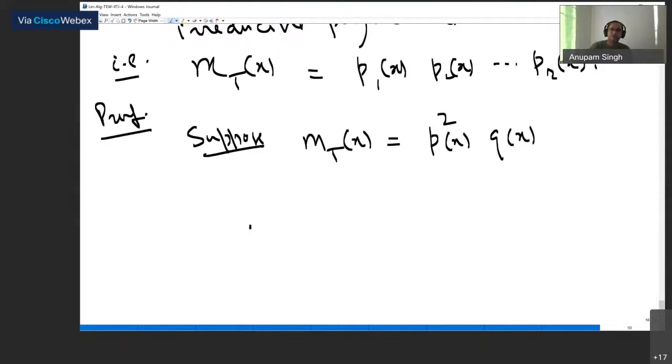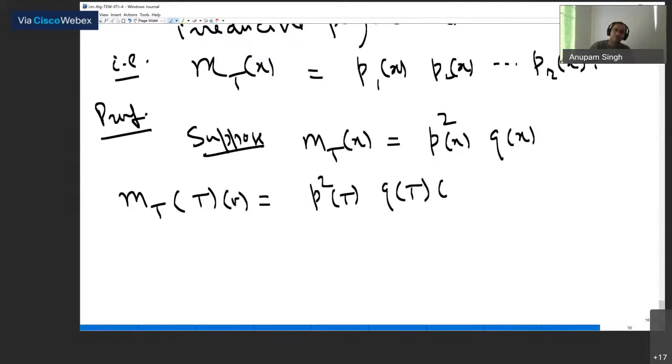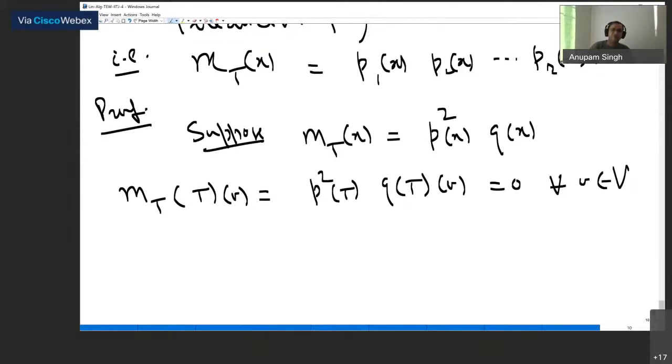By definition, we know that the minimal polynomial m_T(T) will be P^2(T) Q(T), and this applied to every vector v in V is 0. This is the definition of minimal polynomial, because when we substitute T in m_T(T), it's identically 0, meaning on every vector it becomes 0.